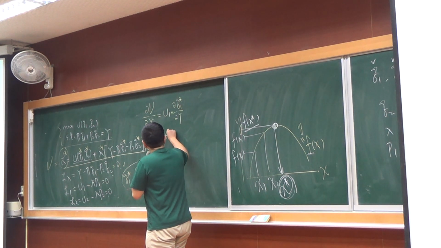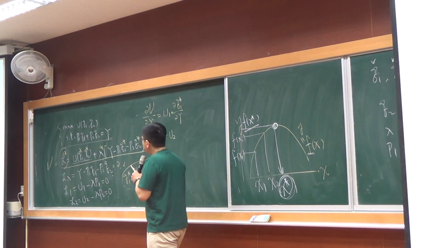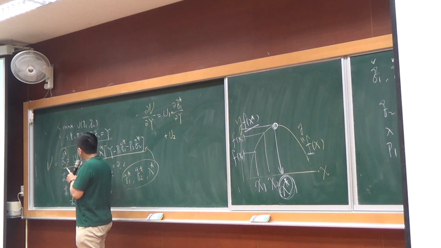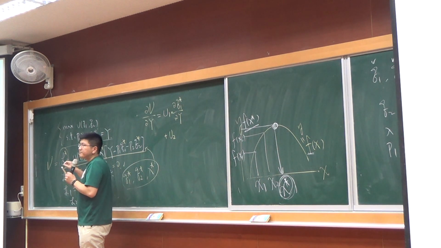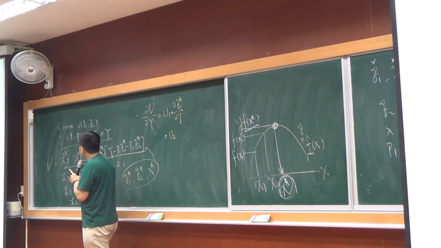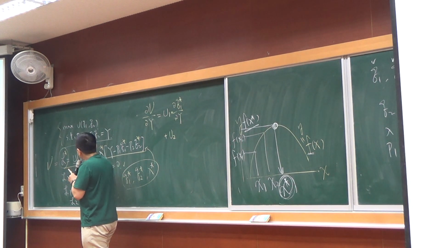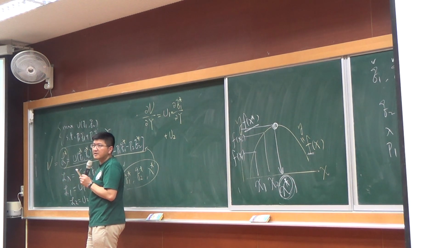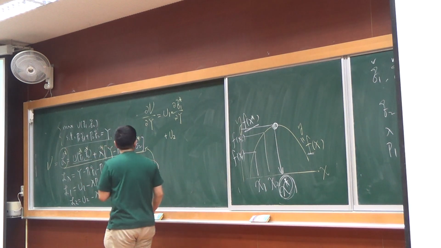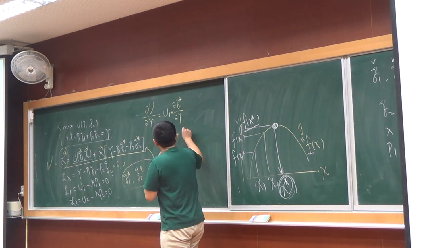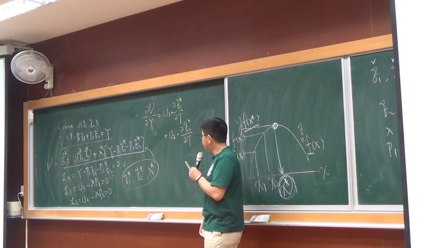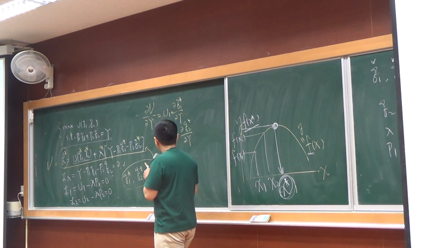And u2, because y does not only affect q1 star, but also affects q2 star, right? So partial q2 star, partial y will be the second term of the differentiation.